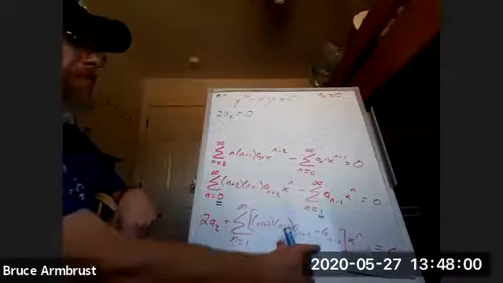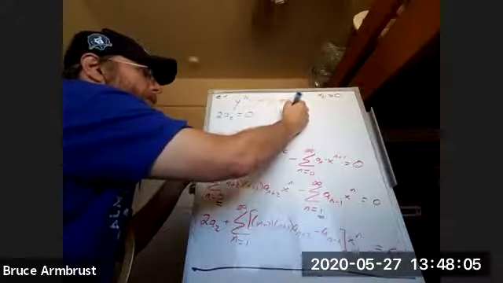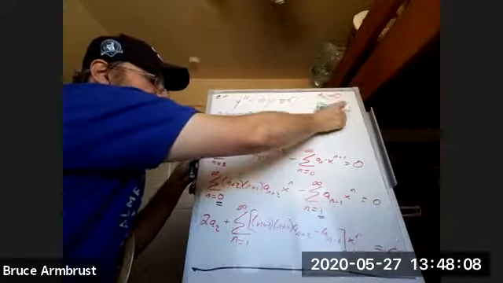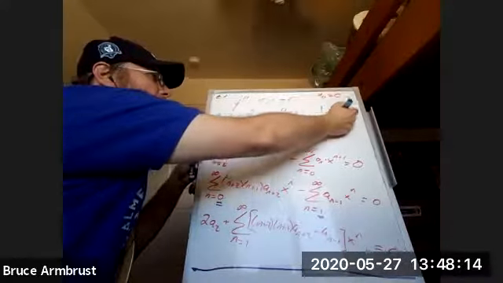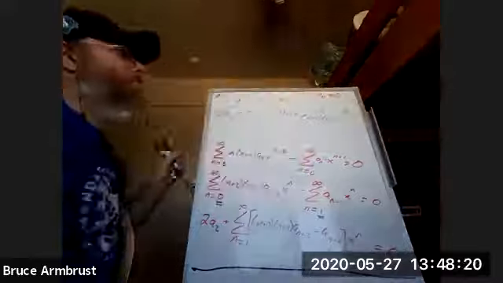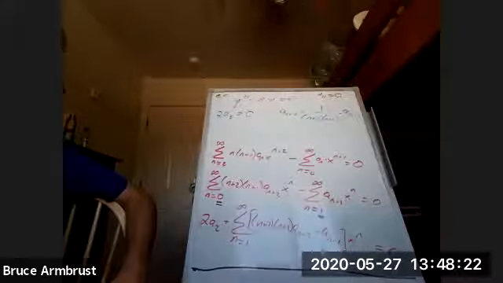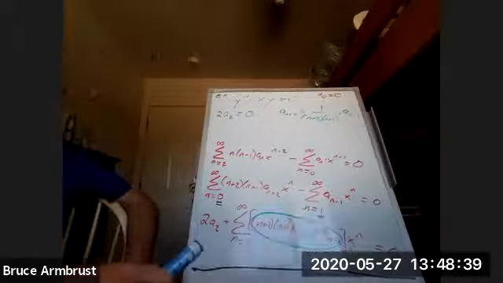But then from my recursion relationship, I get that a sub n plus 2 is going to equal 1 over n plus 2 times n plus 1 times a sub n minus 1. So that was just taking this and setting it equal to 0.